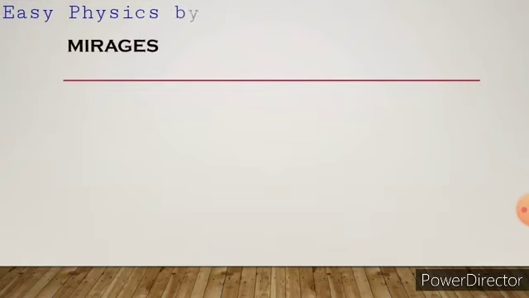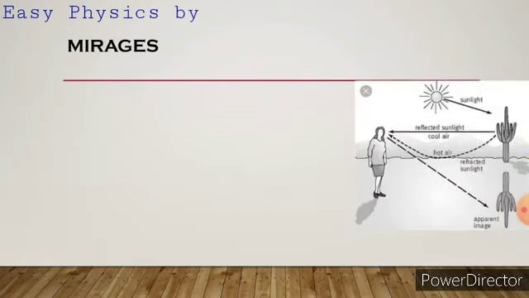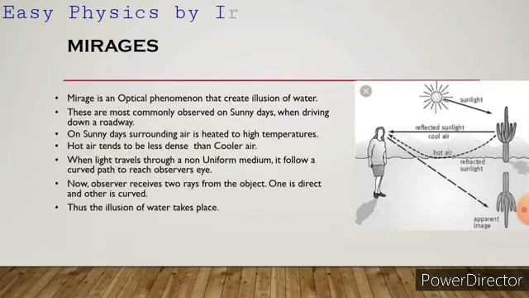First we discuss about the formation of mirages. So here is the image which shows the formation of a mirage. Mirage is an optical phenomenon that creates illusion of water.